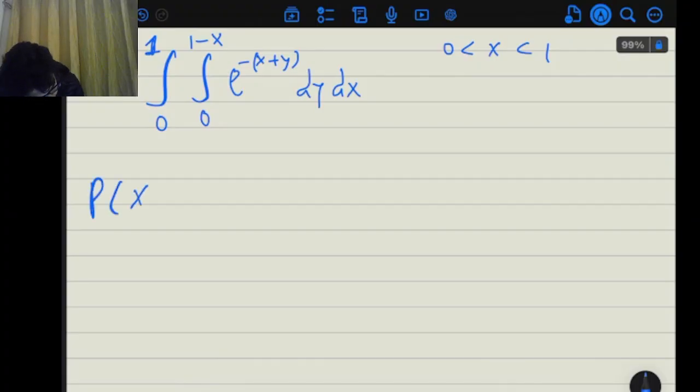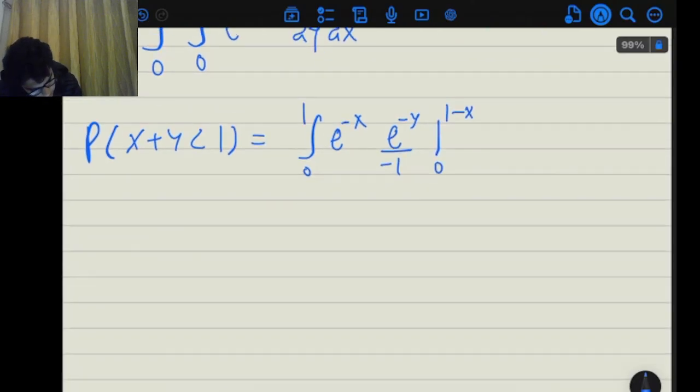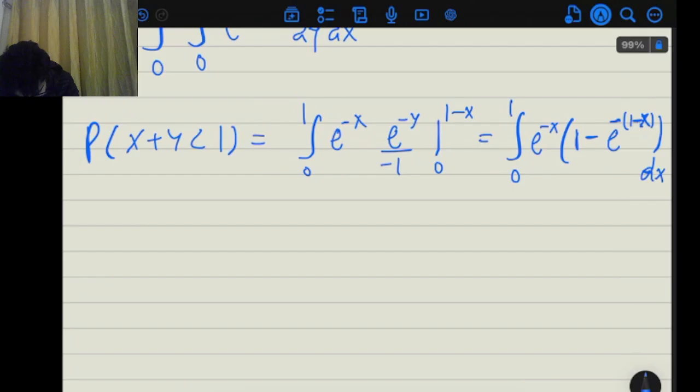So my probability of x plus y less than 1 turns out to be the integral from 0 to 1 of e to the power minus x, times e to the power minus y, minus 1, from 0 to 1 minus x. This gives me the integral from 0 to 1 of e to the power minus x, and 1 when it is 0. So 1 minus 1 minus 1 minus 1, positive 1, e to the power minus 1 minus x dx. So I don't have space to write dx, I'll be writing dx here, right?